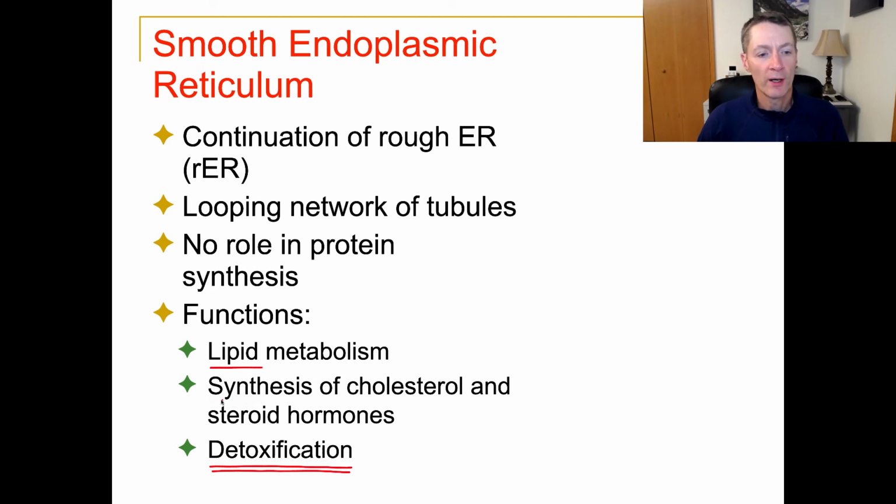These particular organelles would also have something to do with the synthesis of cholesterol and steroid hormones. And to make those, well, you need raw materials from lipids. Don't forget, a while back we talked about how cholesterol and steroid hormones are actually just a few steps away from fatty acids, okay?